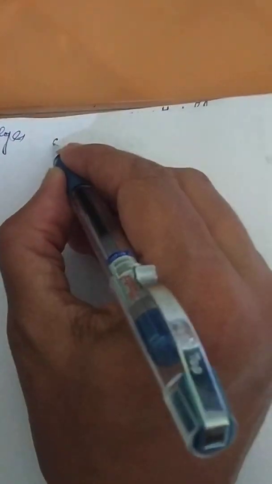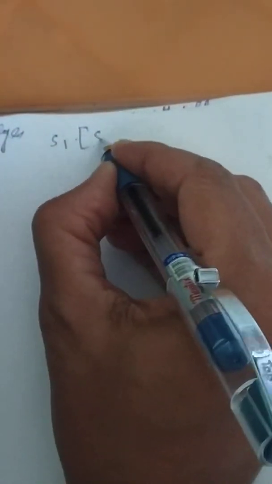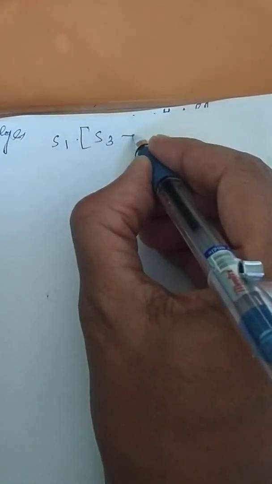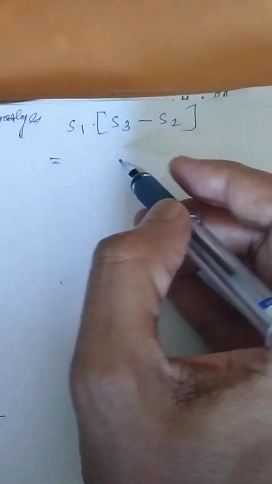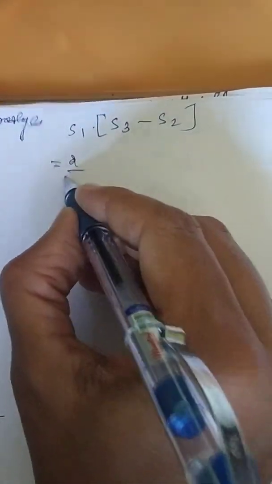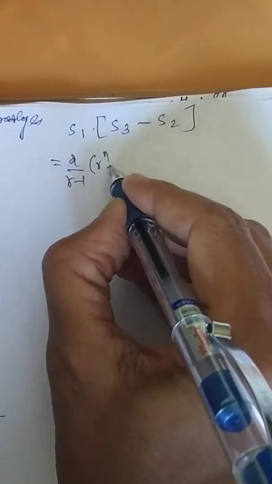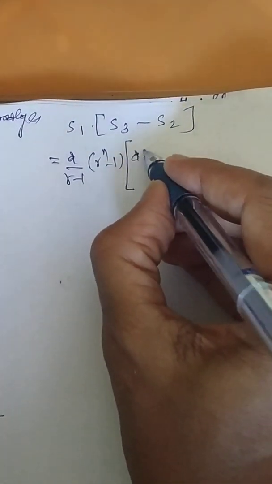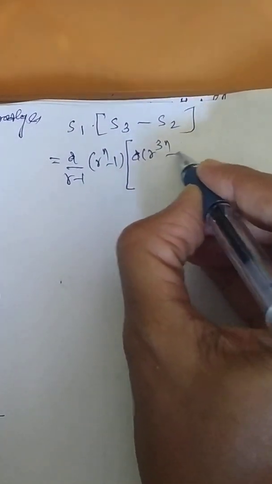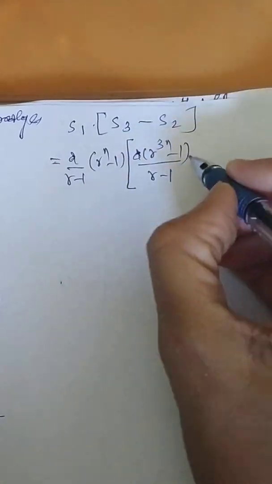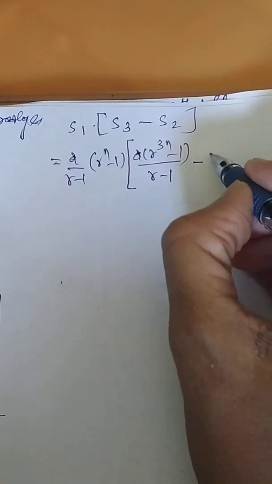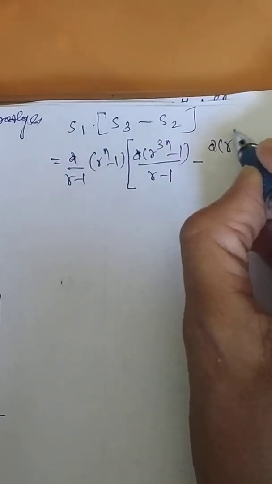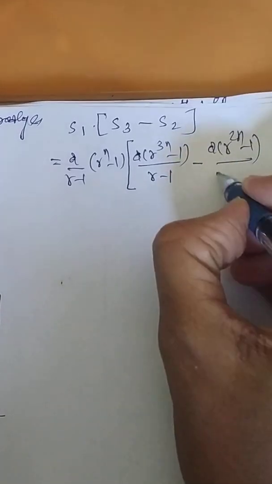So we'll just place these values and simplify. Place the values in the formula, left-hand side separately, right-hand side separately. The left side will be S1 into (S3 minus S2). I'm placing S1 as a by r minus 1 into r raised to power n minus 1, and similarly S3, a into r raised to power 3n minus 1 upon r minus 1, minus S2, a into r raised to power 2n minus 1 upon r minus 1.